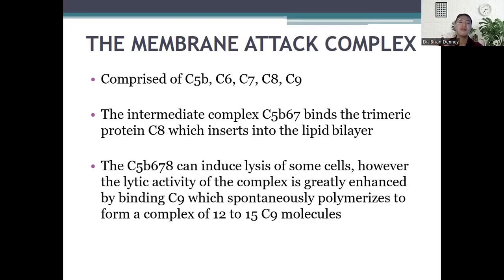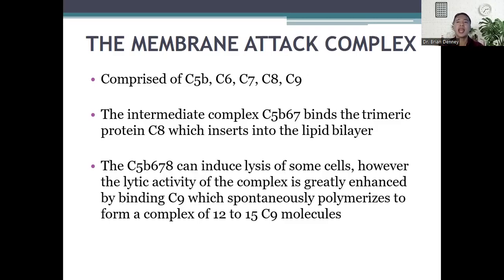When C5b, 6, 7, and 8 form a complex, there is small lysis, just enough to lyse non-nucleated cells, cells without a nucleus, for example, your red blood cells.